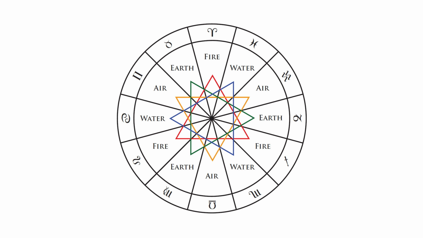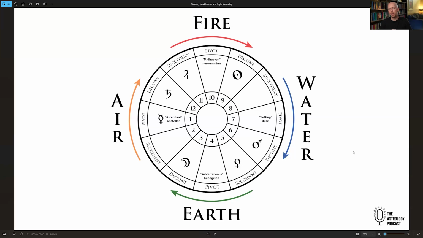This is the reason why those become associated with the element of fire, or why the triplicity of Taurus, Virgo, and Capricorn become associated with the element of Earth, because of the Moon and Venus being connected with those at the bottom of this diagram. Or Mercury and Saturn become the rulers of the triplicity associated with Gemini, Libra, and Aquarius, which becomes associated with the element of air.